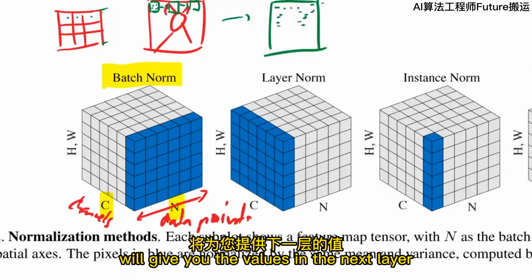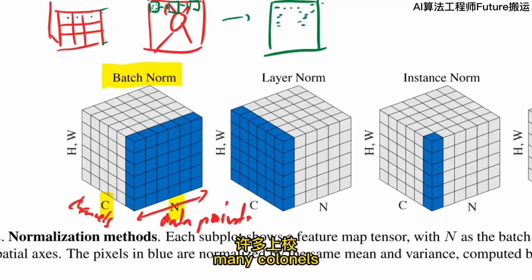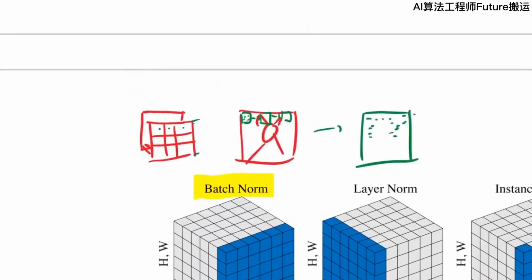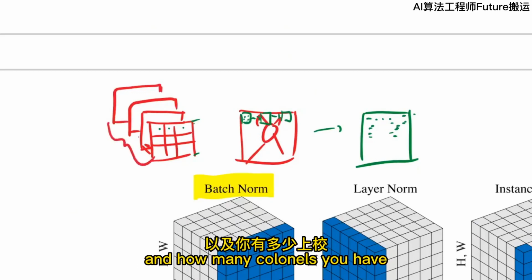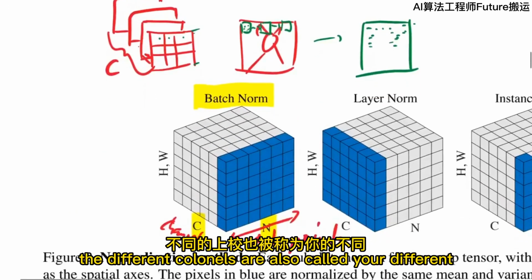And that sliding over will give you the values in the next layer. Now you not only have one kernel, but you actually have many kernels. So you have more and more kernels. You have a whole stack of kernels, and how many kernels you have, those different kernels are also called your different channels.